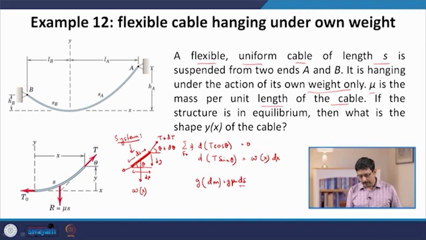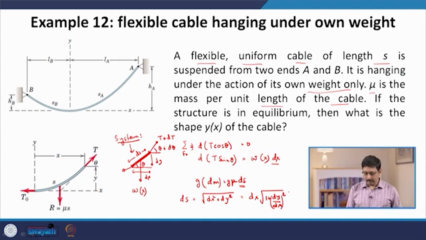Now, note that this ds is not the same as dx; this is dx, this is ds. In fact, from geometry we have ds squared is dx squared plus dy squared. So, if we take a dx out common, then we get 1 plus the tangent.